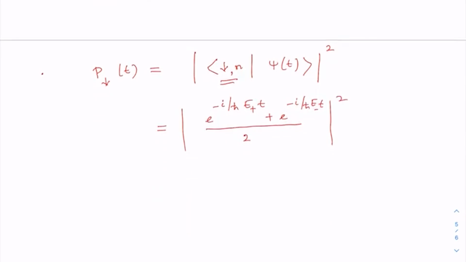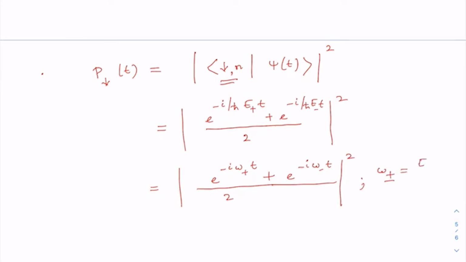And let me write it in a simpler form: 2, e to the power minus i omega plus t plus e to the power minus i omega minus t, mod square. Here omega plus minus is basically E plus minus by ħ.